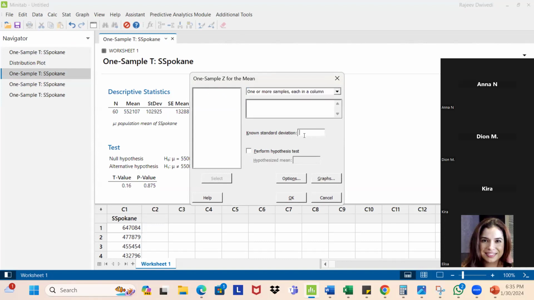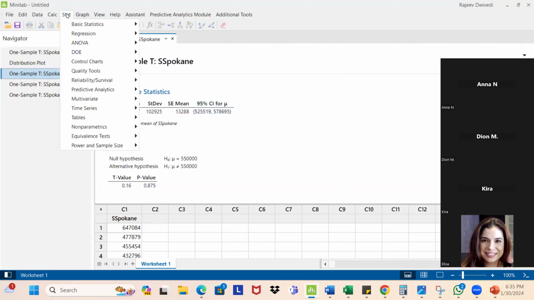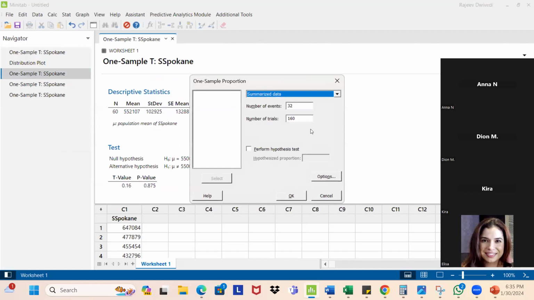If I know the entire South Hill area in Spokane and the standard deviation of the housing price in this area, let's say 50,000, then I can use z-test. Otherwise, I can use t-test. So one sample z, one sample t, one proportion. Exactly, if you remember, the same thing you can do here.